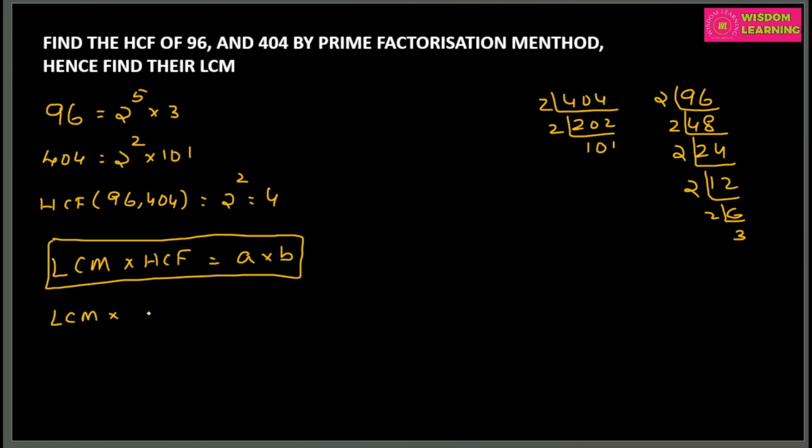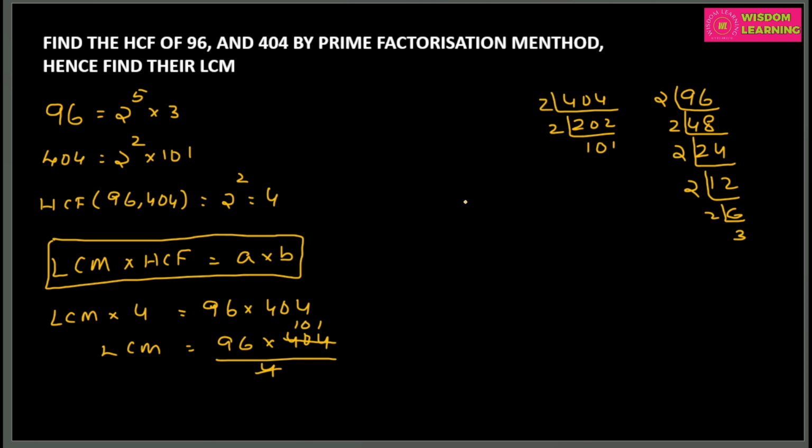What we are putting for HCF is 4, equal to, what is A? 96, into B, which is 404. Then LCM is equal to 96 into 404 divided by 4. 10 4s are 40, so 404 divided by 4 is 101.